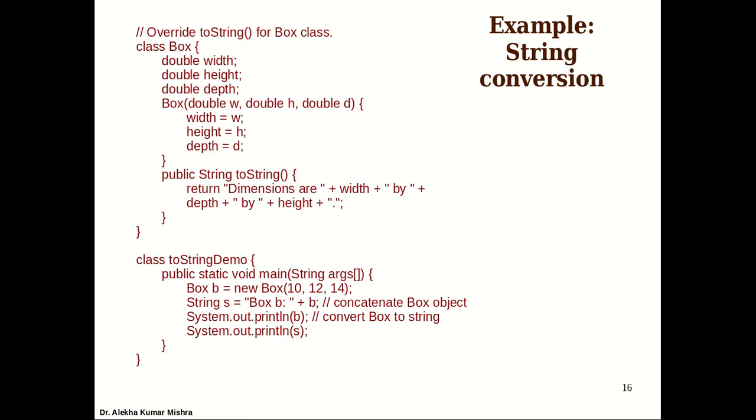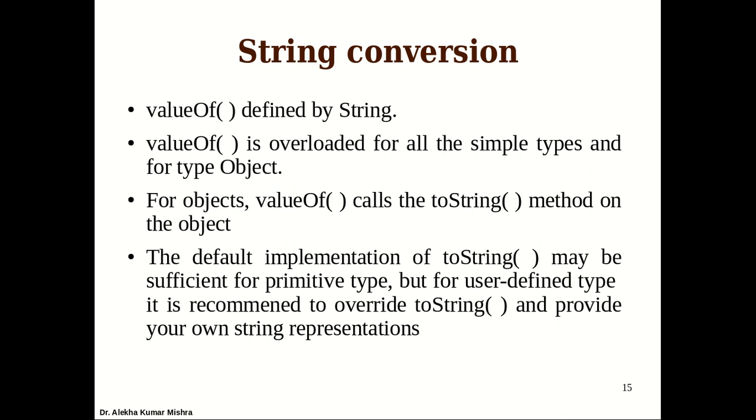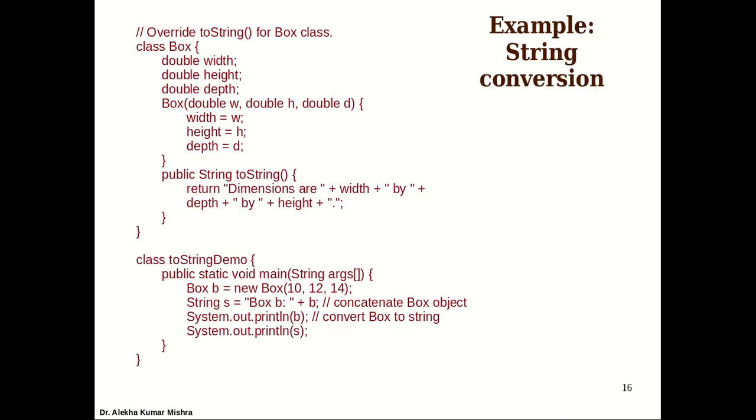As mentioned here, valueOf will call the toString method that has been defined in that class. If it is a user defined type, we have to override the toString method, which will return a string. Then valueOf will automatically invoke this method whenever we need to get the value of a string.